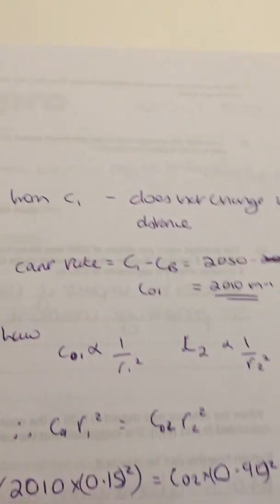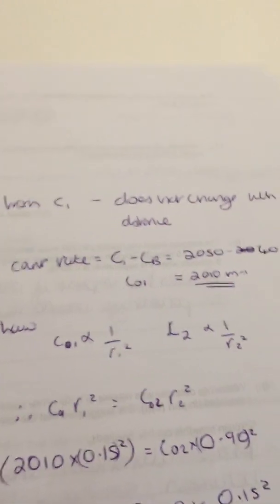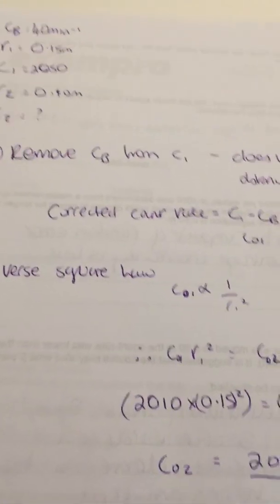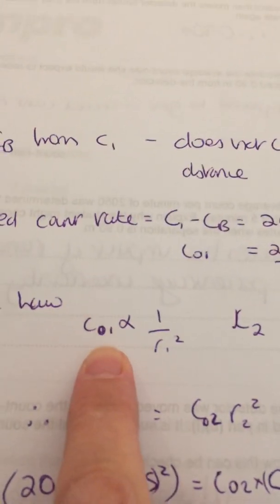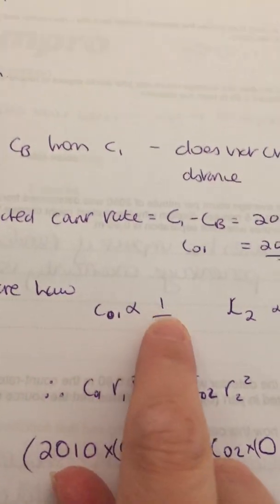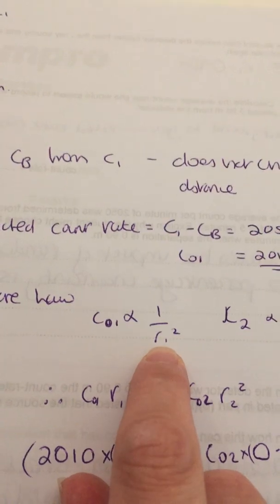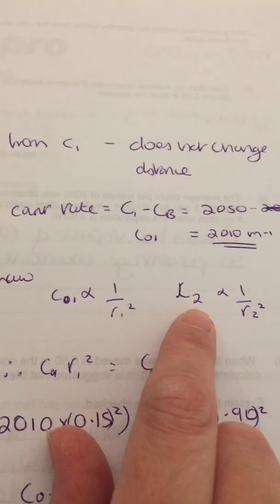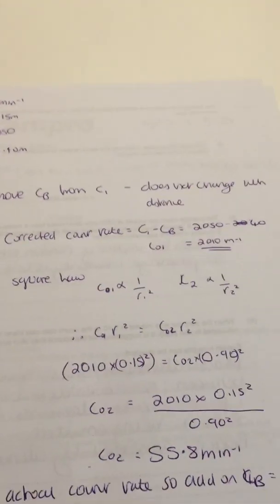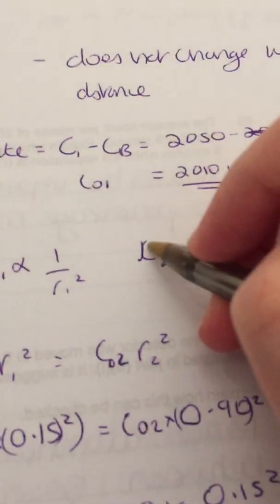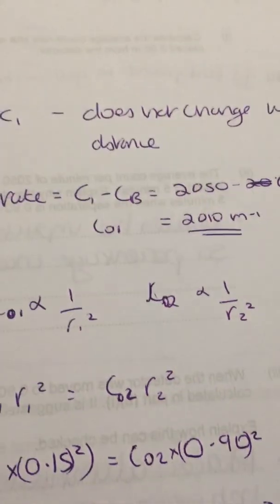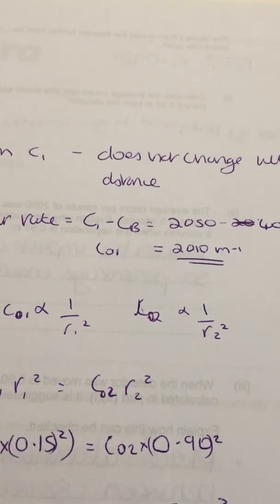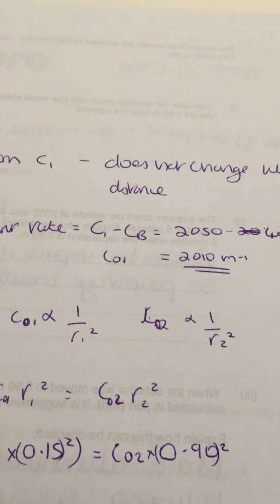Then we're going to look at the inverse square law. Because it's gamma radiation, it decreases with an inverse square law. So we can say that the corrected count rate number 1 is inversely proportional to the distance R1 squared. We also know that corrected count rate number 2, which I'm going to call CO2, is also proportional to 1 over R2 squared.